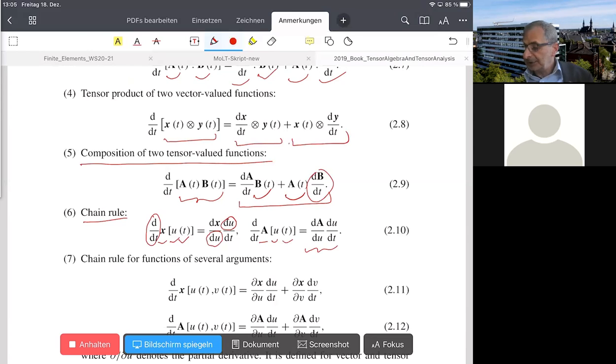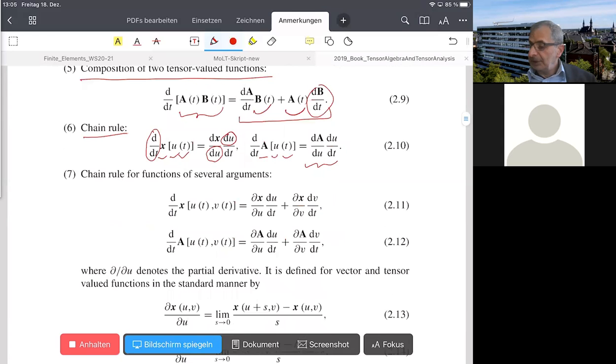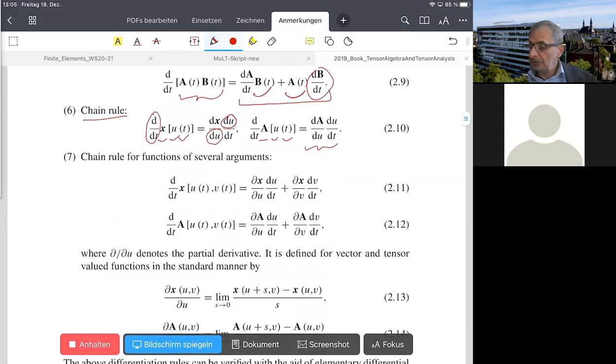chain rule holds, right? And we can have also a chain rule for a function of several arguments, right? For example, here x depends on two variables, u and v. Both of them are functions of the variable t, or a tensor function depends on two variables, u and v. For example, u can be a horizontal displacement, v can be vertical displacement.